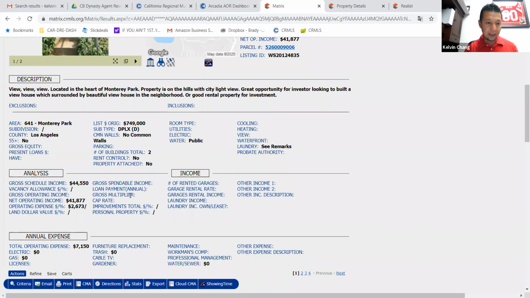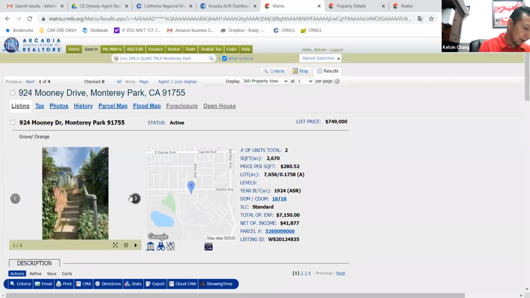If I want to really factor in their gross scheduled income of $45,550, subtract roughly $9,500 of expenses, which is my quick analysis, their net income will be $35,050.